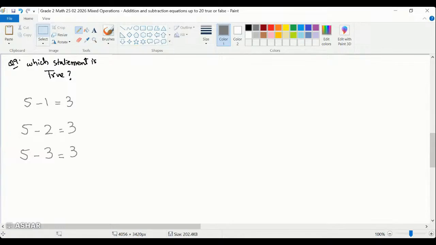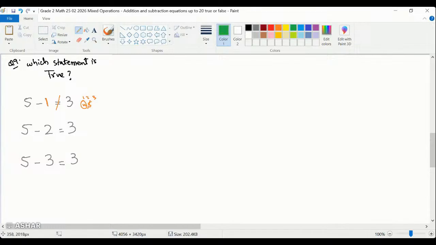So which statement out of these three given statements would be true? We know that 1, 2, 3, 4, 5 minus 1 will give 4. This is not true.